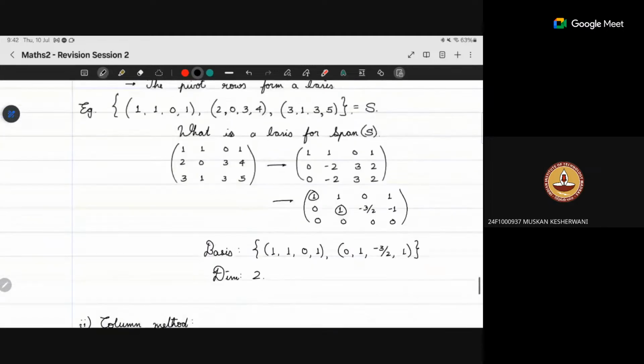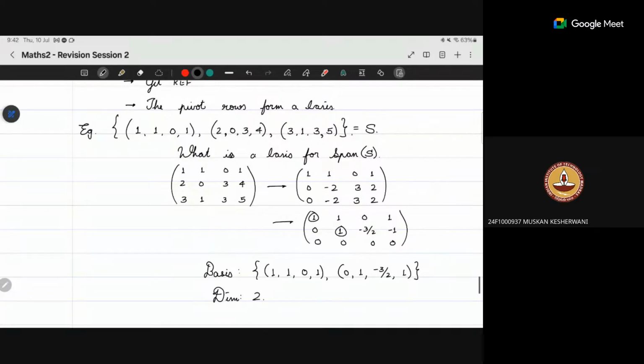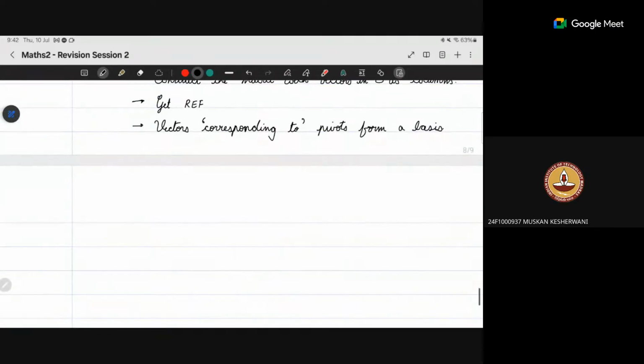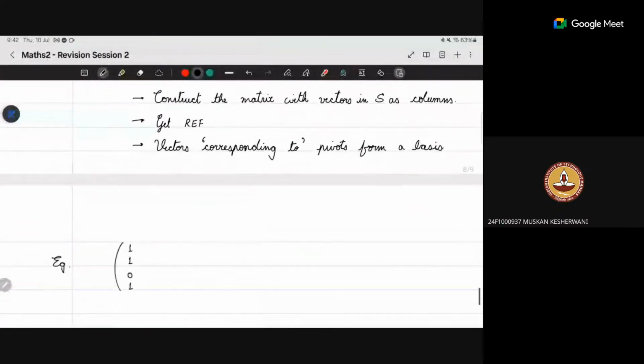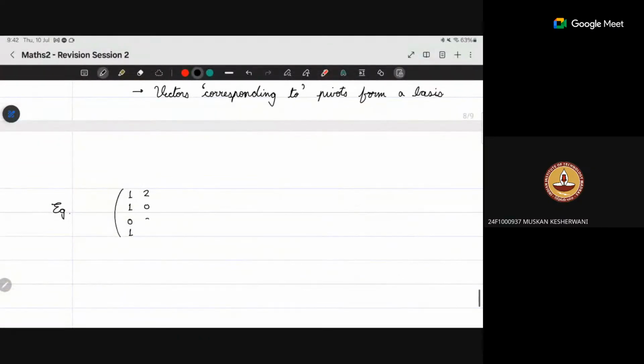The same three vectors we'll consider as before, but this time we'll write them as columns. It was what? 1101, 2034, 3135. So for the column formulation, we need to do this.